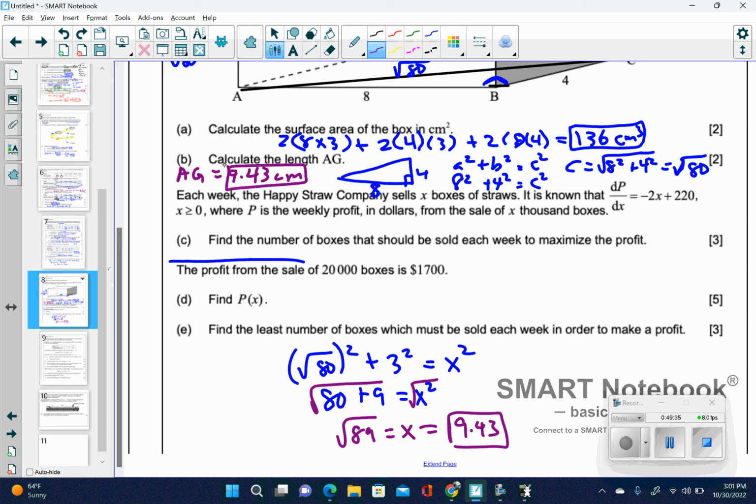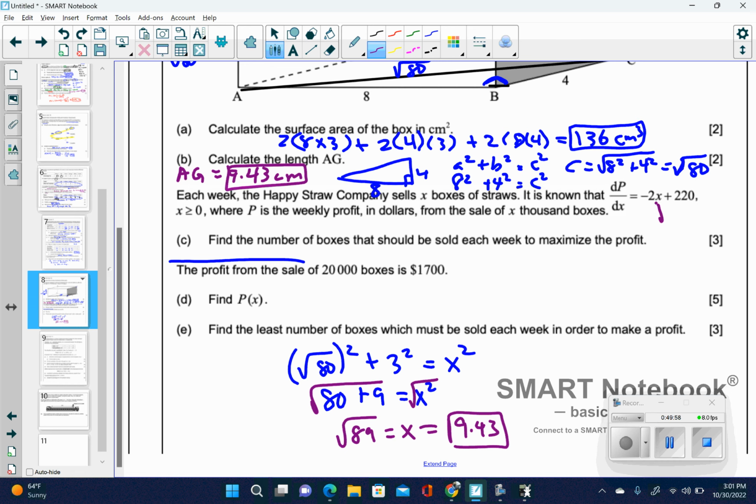For the next one, actually you can go ahead and stop. But for the next one, all you're doing is taking the x and looking to see where the profit is maximized. So all you have to do for that is plug in 0 for this x right here.